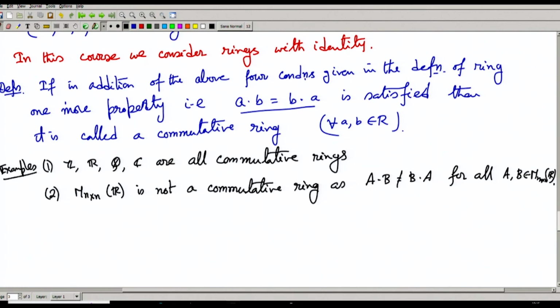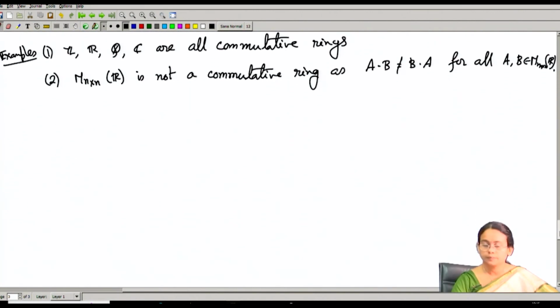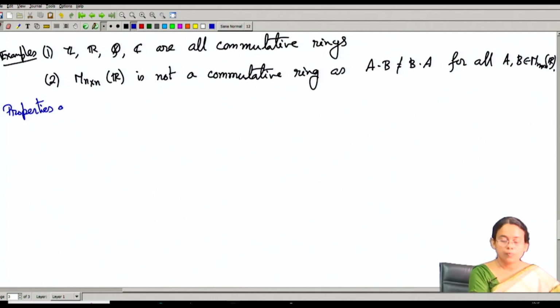Now, let me give you some properties of rings. Let me first state those, then I will give you a proof. So, let R be a ring.